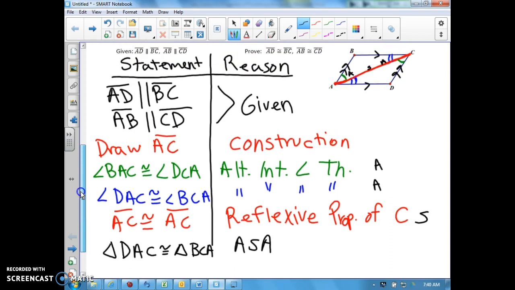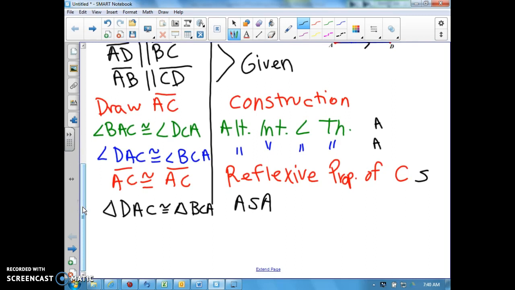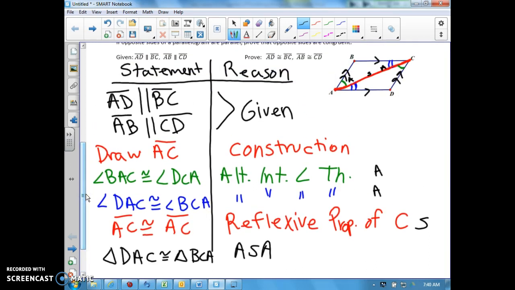Well, that's really nice because I can now use CPCTC. Remember CPCTC? Corresponding parts of congruent triangles are congruent. From our triangles unit back in the beginning of the year, to help me prove that these opposite sides are in fact congruent.